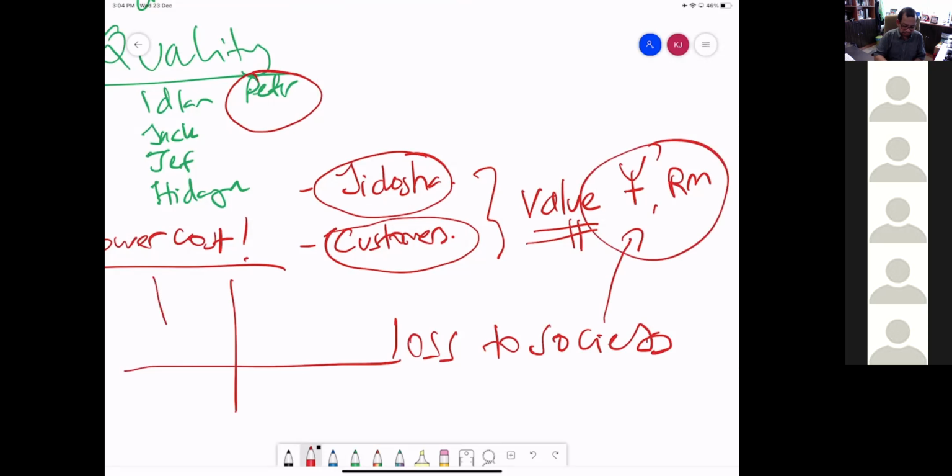Remember, quality loss function. Sorry, bad drawing. Okay, quality loss function. At this point is the ideal one, zero loss to society. So if it deviates a bit, there's a loss to society.